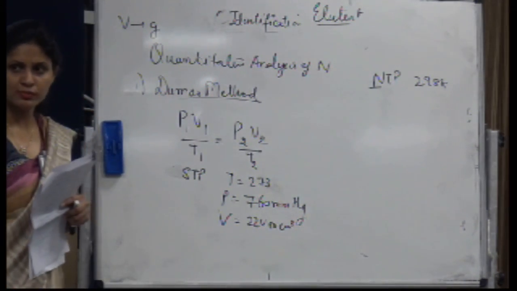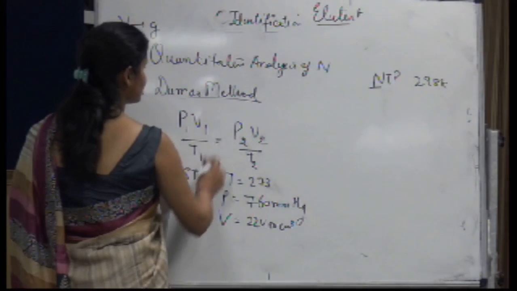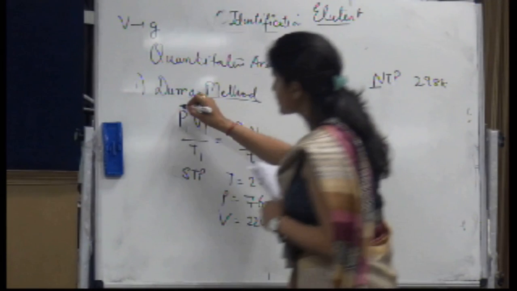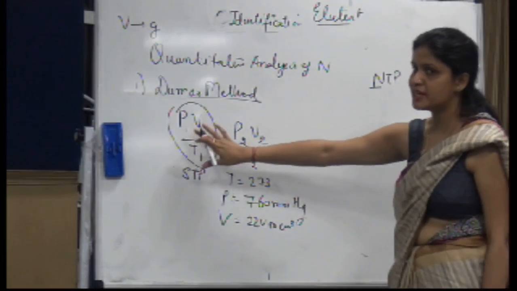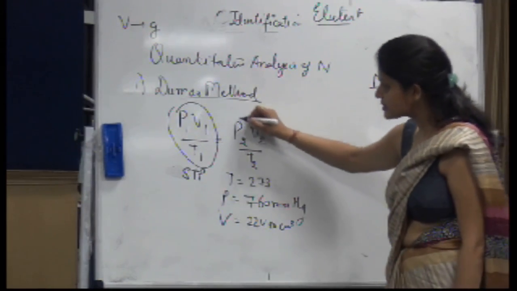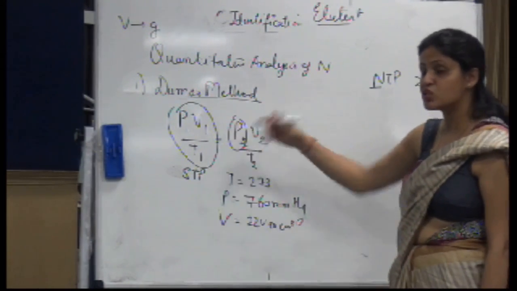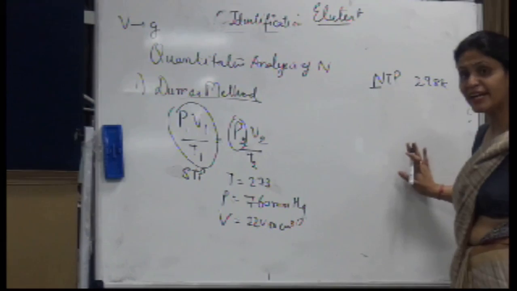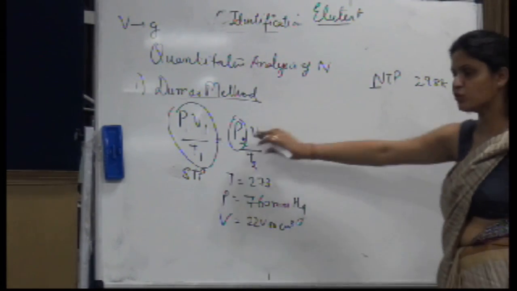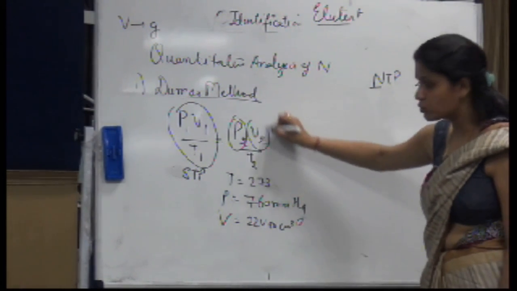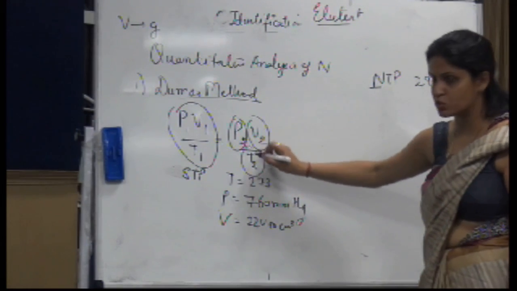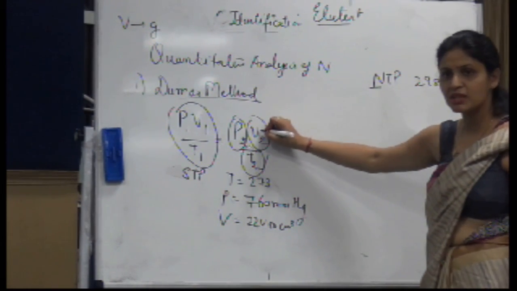This is the volume. If I am saying that this is the volume, this is the pressure, volume and temperature condition at STP, and this is the pressure at which the nitrogen is being collected in the nitrometer. If I know this pressure and I know the temperature, I can measure the volume.